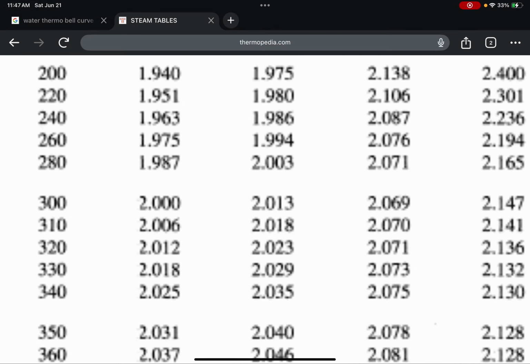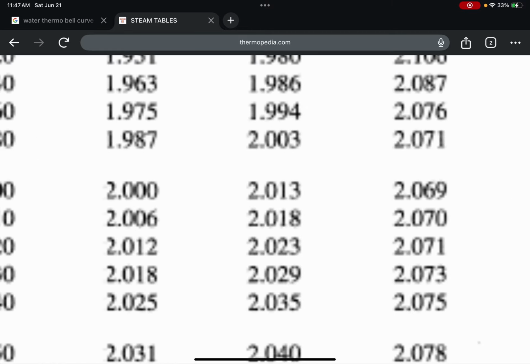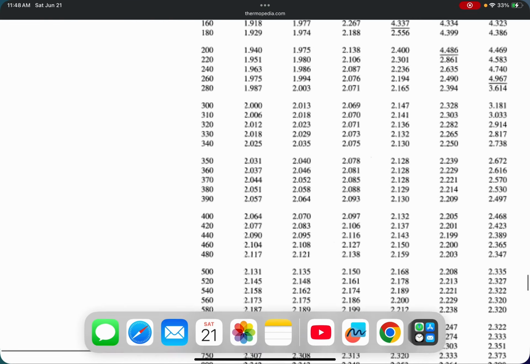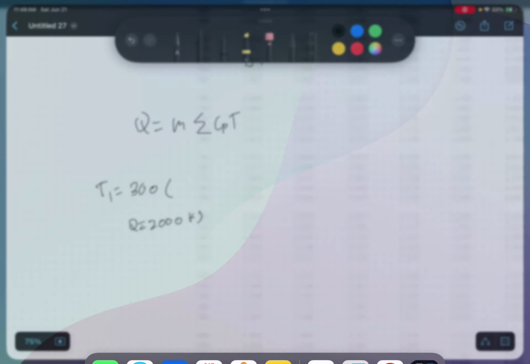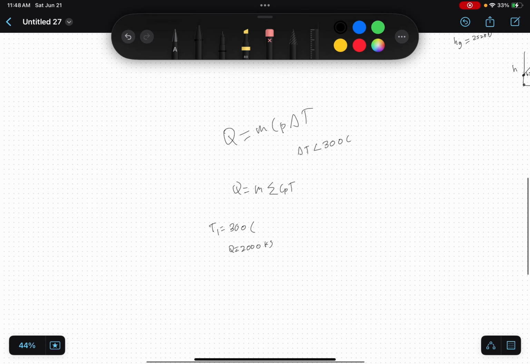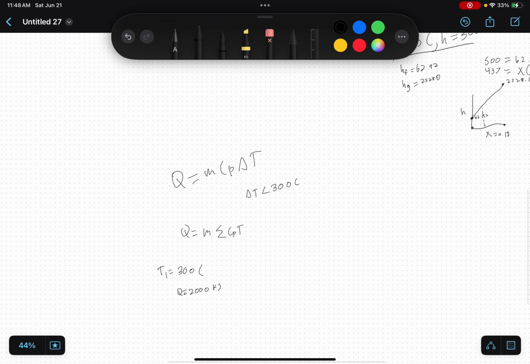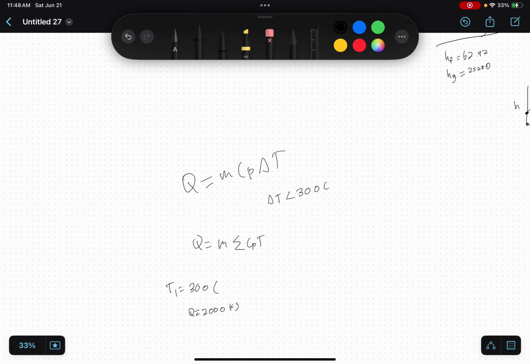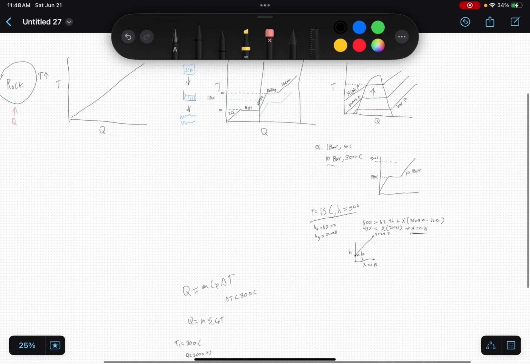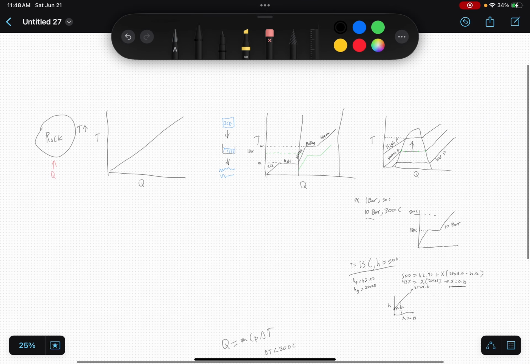And then to go from 310 to 320, you would do 2.018, and so on all the way down until your total summation gets up to the 2000 kilojoules. So that's the proper way to do m Cp delta T. But you could assume a constant Cp if your delta temperatures are relatively close, which is what you do in all of thermo, unless you're hard coding it.